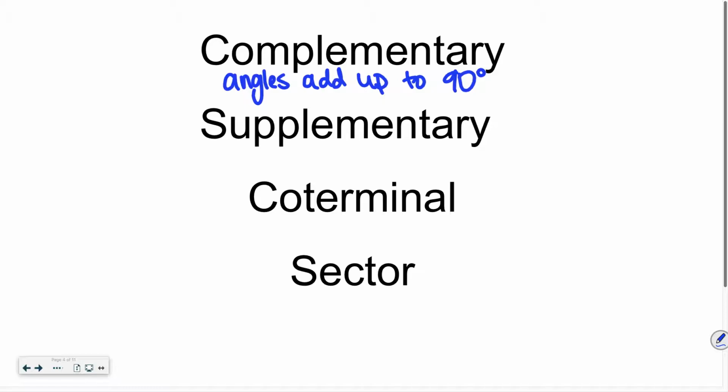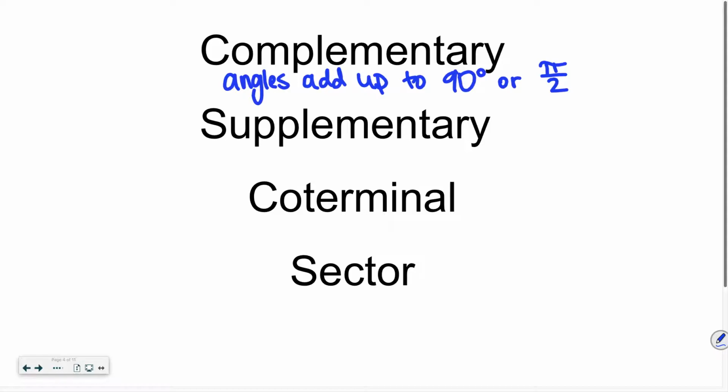That degree symbol is very important. If it's not there, I assume it's radians. Okay? Now we also are talking about radians. So angles that add up to 90 degrees, or 1/2 pi, not 1/2 radian.